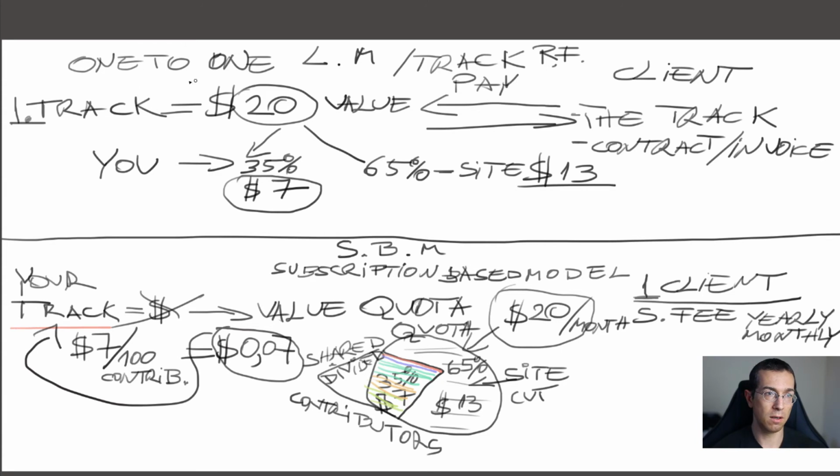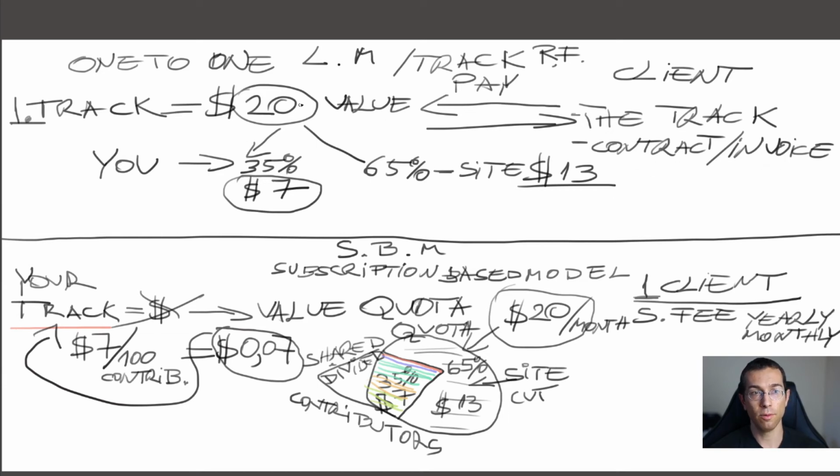So you see here in the one-to-one business model, your track is available for $20. The client finds your track, says okay, it's a good track, it's good for my project. He's paying the $20. He receives the track and the contract in form of invoice, whatever.